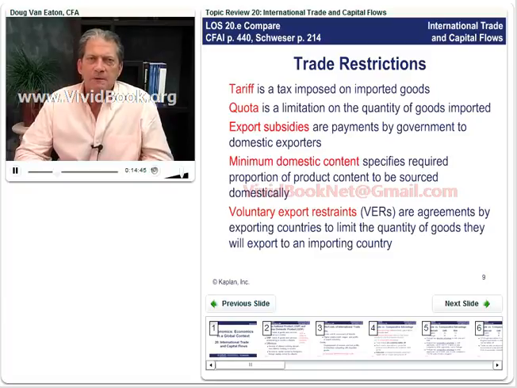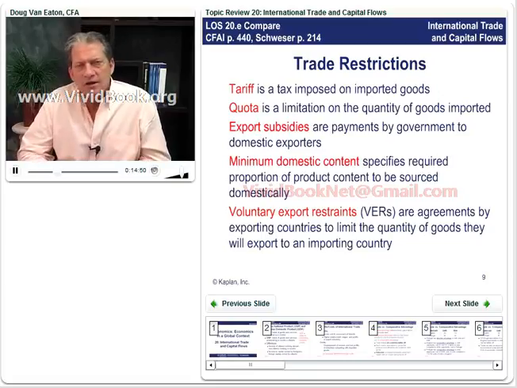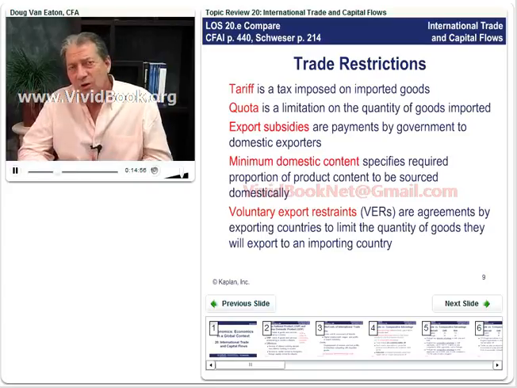of restricting trade. A voluntary export restraint, or a VER, is when an exporting country agrees to limit the quantity of goods they will export. I think they really do it to avoid quotas or tariffs.